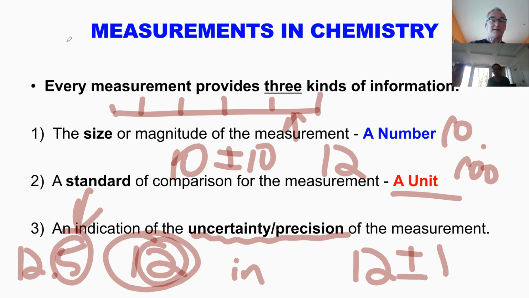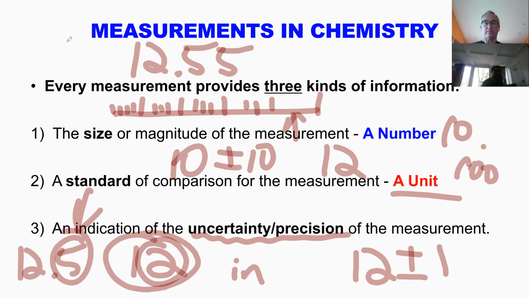Now, if there were more subdivisions in between, I could measure the 12, I could measure the next digit, and then I would estimate the fourth. So then I would give a number like 12.55, because this I can see, this I can see, this I have to estimate. Now I have 4 significant digits.